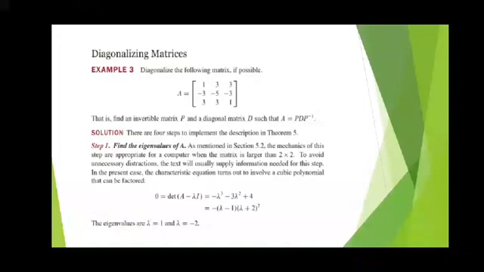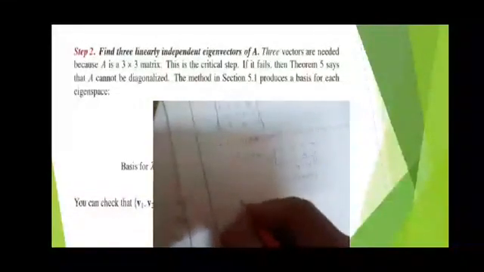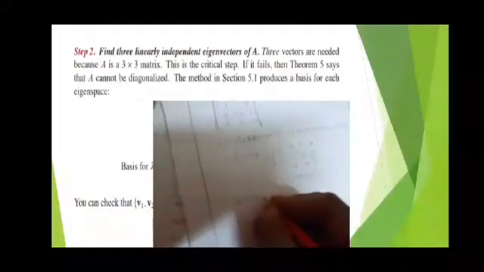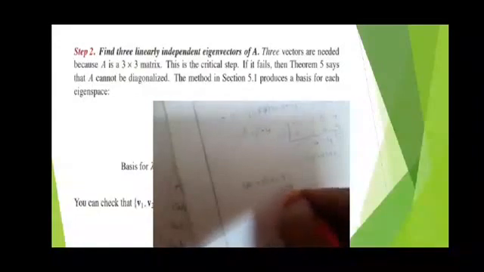Here lambda is equal to 1. So from this we take A minus lambda I of x equal to 0. This is the characteristic matrix, A minus lambda I of x equal to 0.